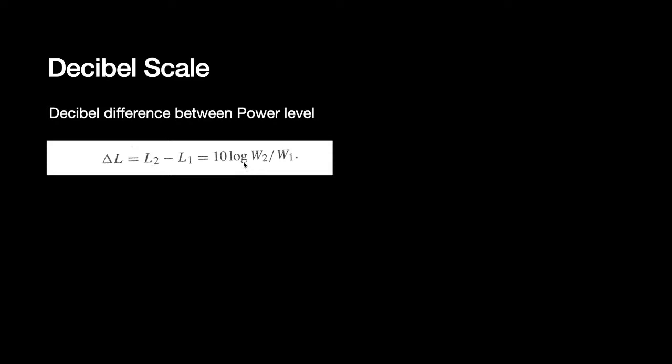So please be careful. Remember, I am using the word power level as a single representation. I'm not talking about the power. This is not the difference between two power sources. This is not the difference between the power of the two sources. It is the difference between power levels.